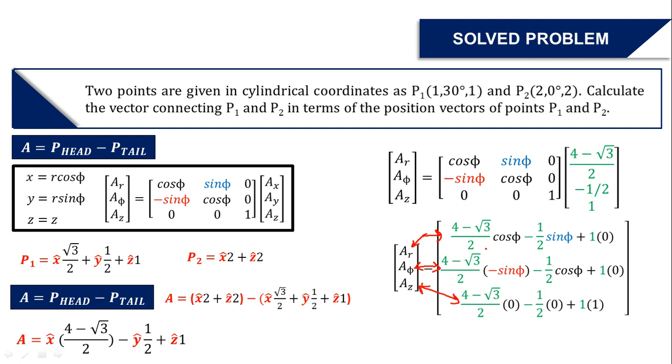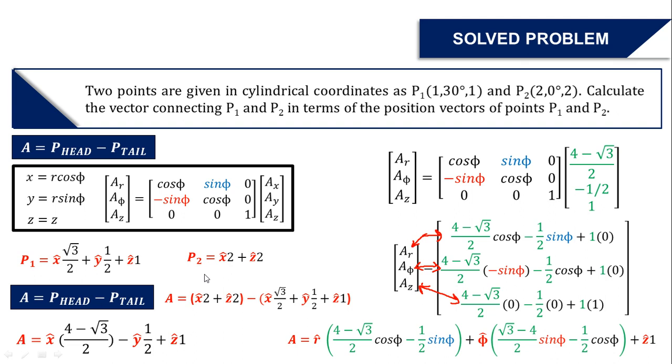Okay? So, yan. So, simplifying yung ating transformation, ang value ng ating vector would be A is equal to R, dahil nasa cylindrical coordinates na tayo, R hat times 4 minus the square root of 3 over 2 cosine of phi minus 1 half sine phi. Ito yan. Okay?